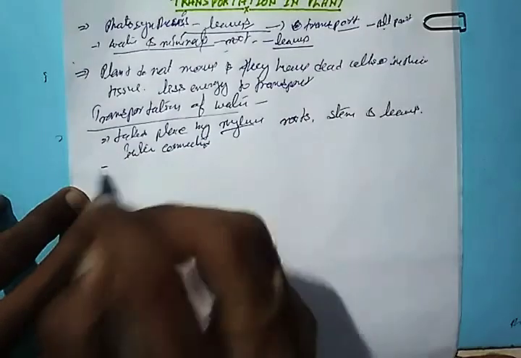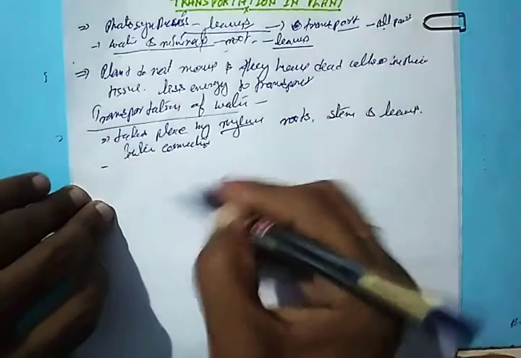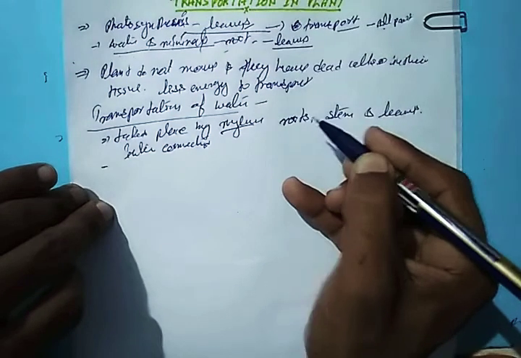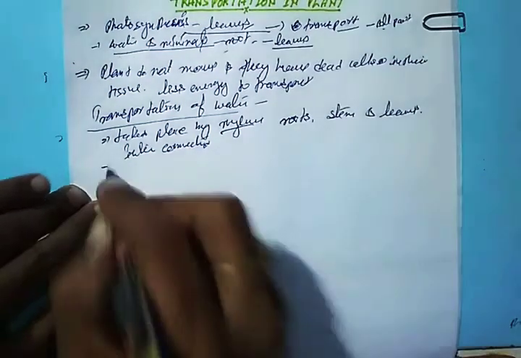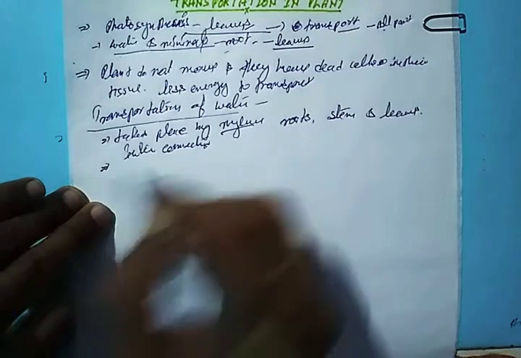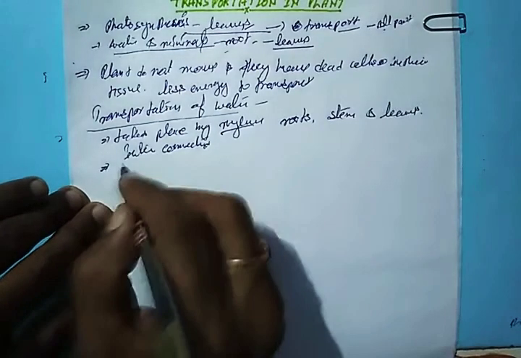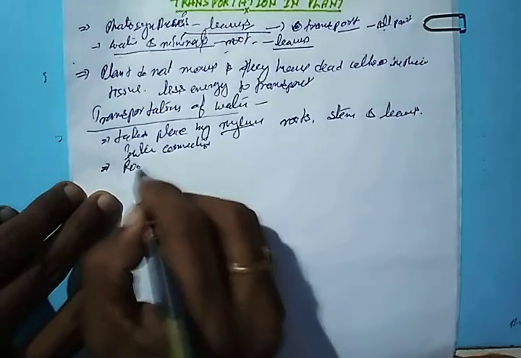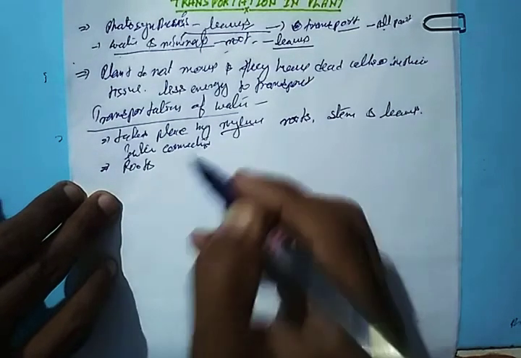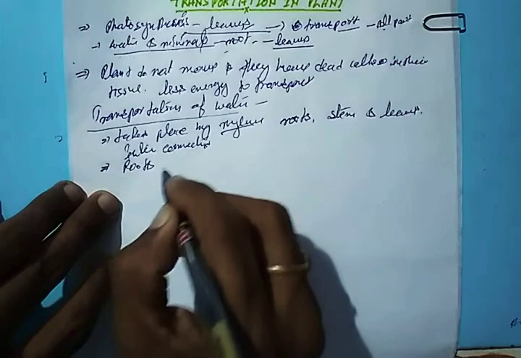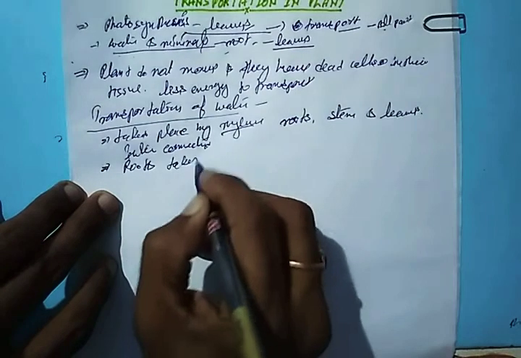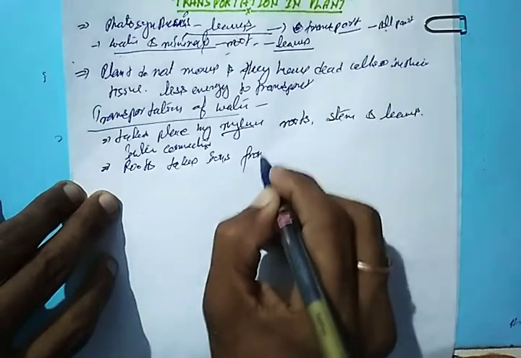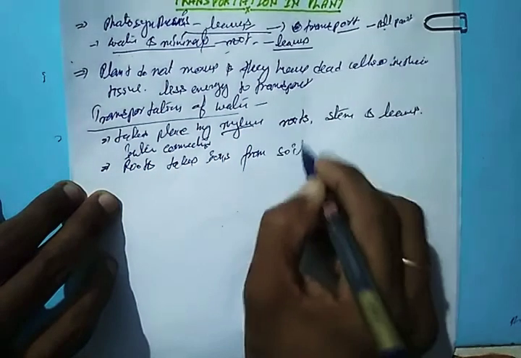But the question is how the water is continuously absorbed through the roots and supplied to all parts of the plant. The very important thing is that roots continuously absorb ions from the soil.